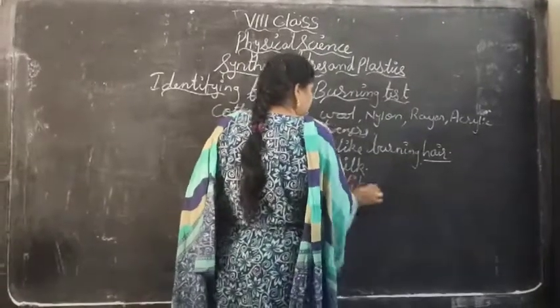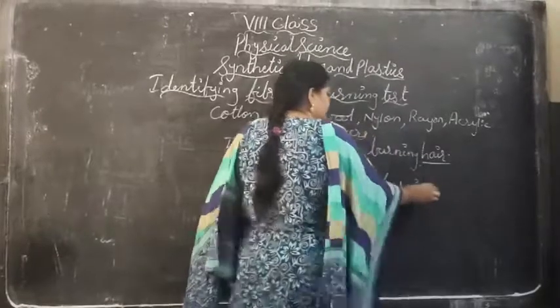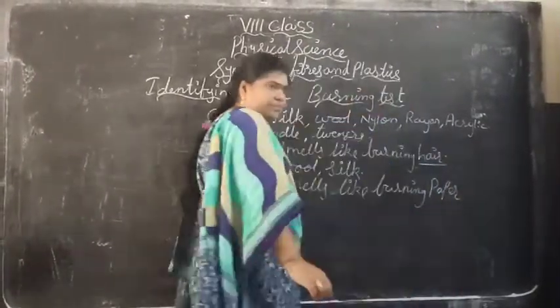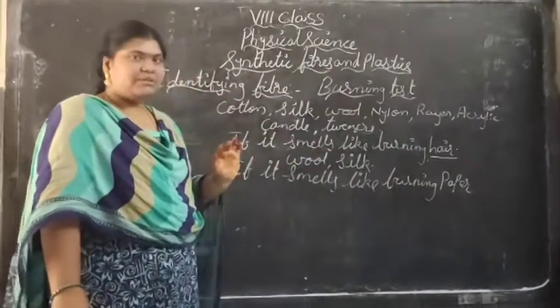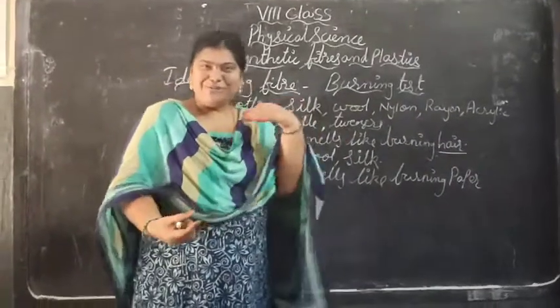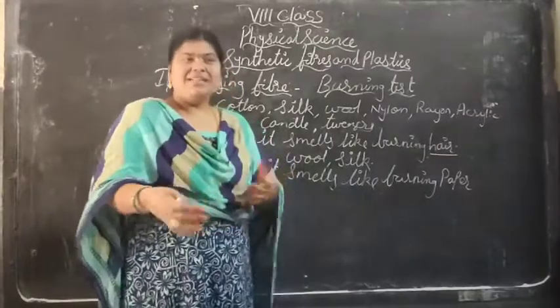like burning paper, then when we are burning these fabrics, how does paper smell when it burns? If you want to know, take a piece of paper and burn it, then you will know the smell.